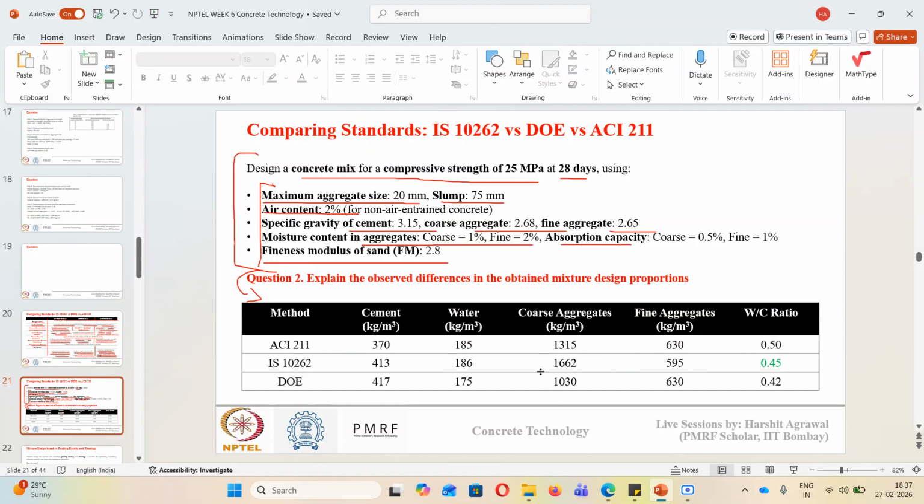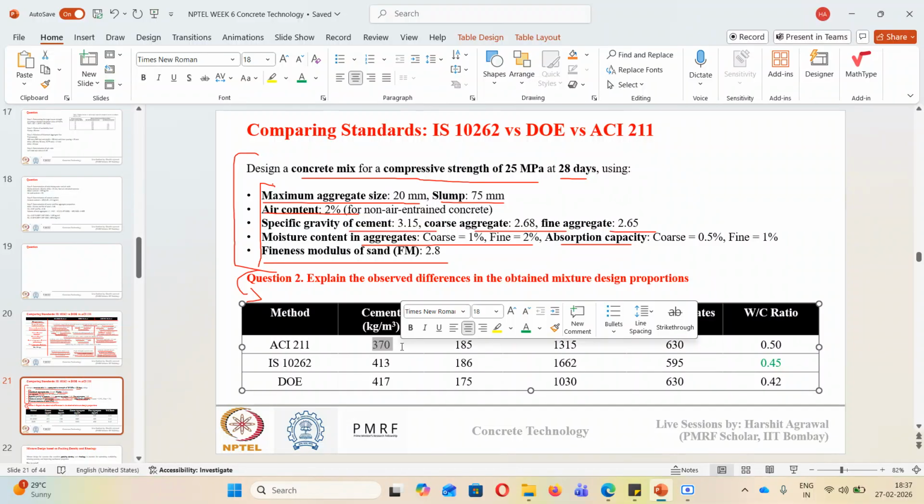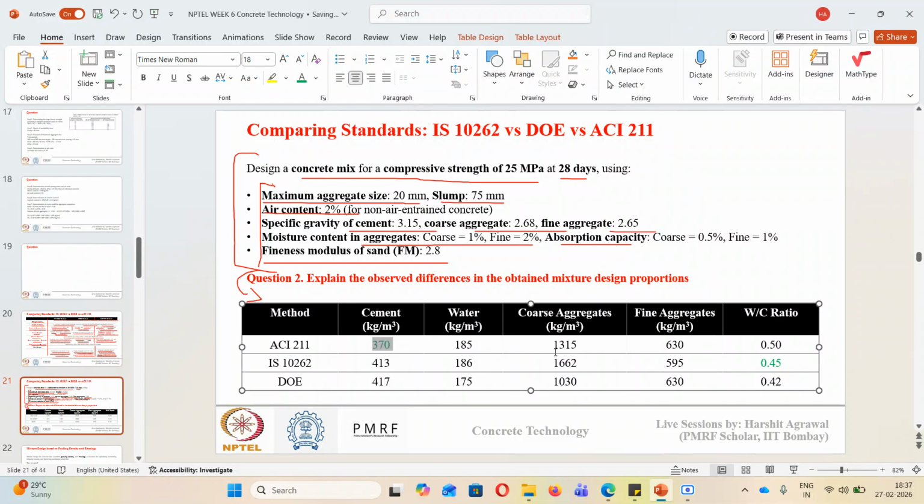Any other major difference? One can see the difference in the cement content also. The ACI method has less cement content. However, more coarse aggregate proportion compared to the DOE method.